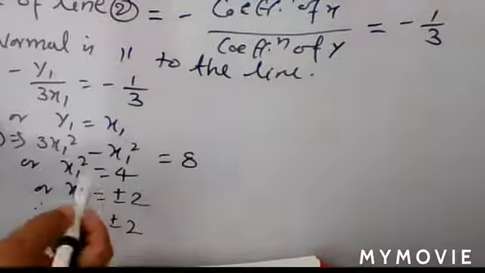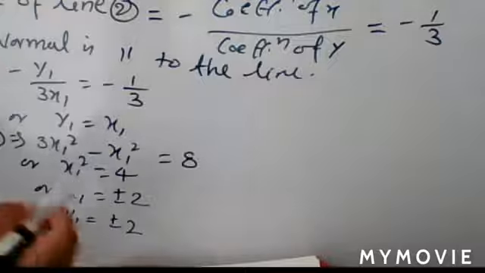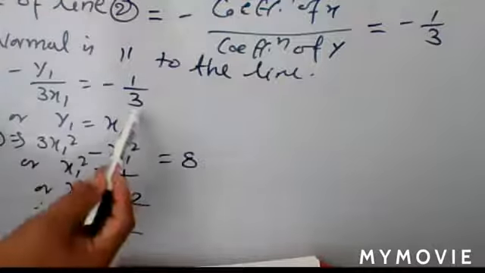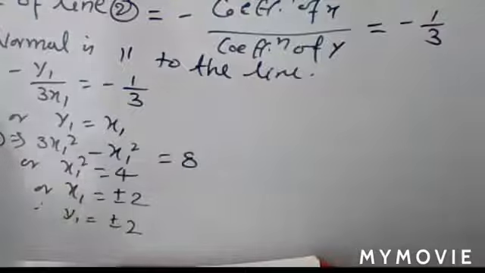The equation of any line can be written as y minus y1 is equal to m into x minus x1. So in place of m, you have to write the slope of normal, which is given as minus 1 upon 3. Understand?